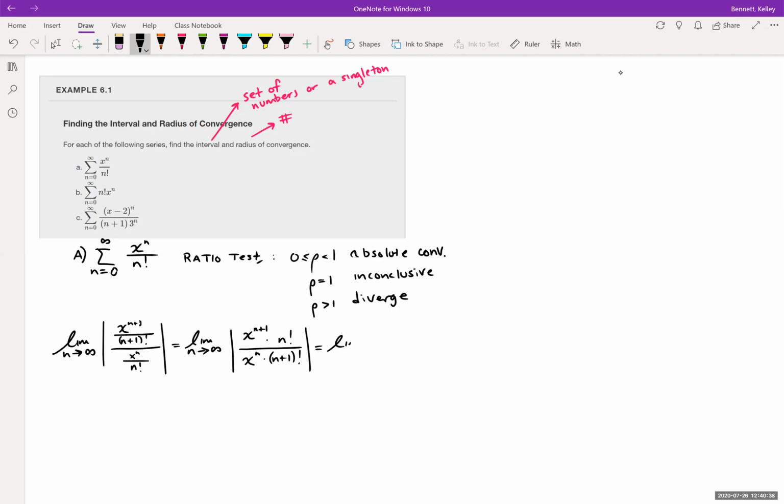And so this further simplifies to absolute value of x over n plus 1. And again, since n is non-negative, what I'll end up with is the limit as n goes to infinity of just the absolute value of x over n plus 1.